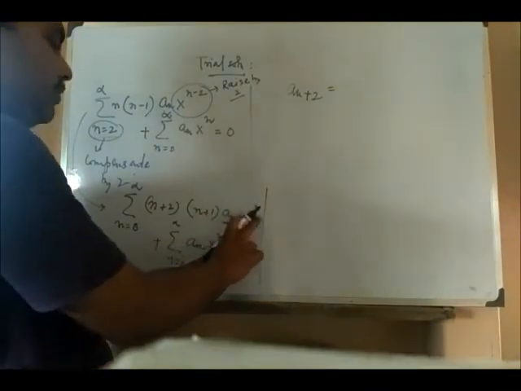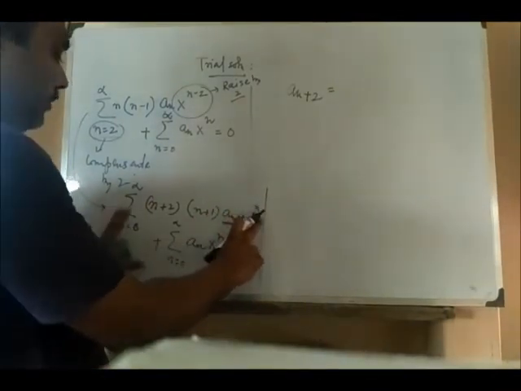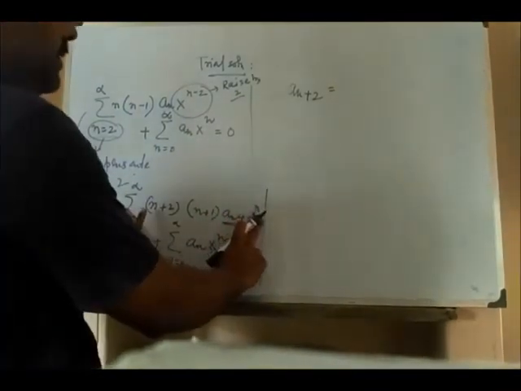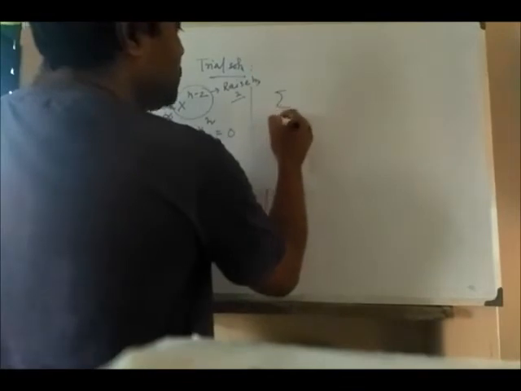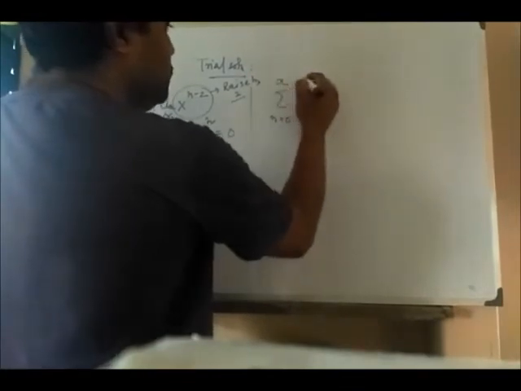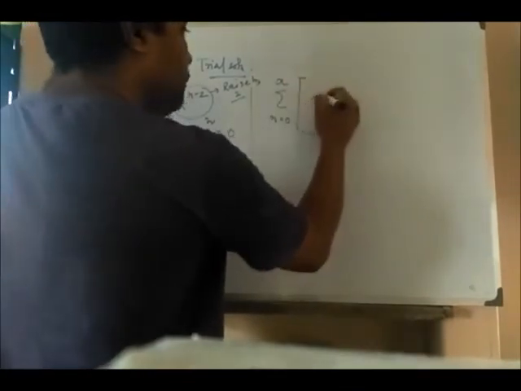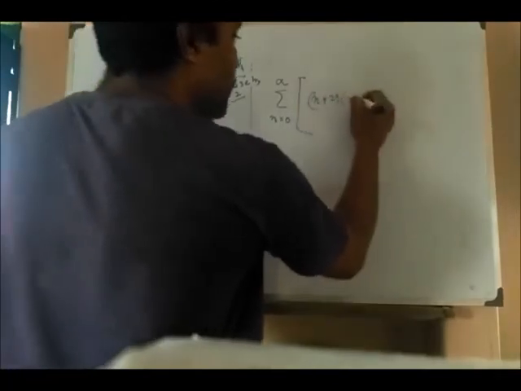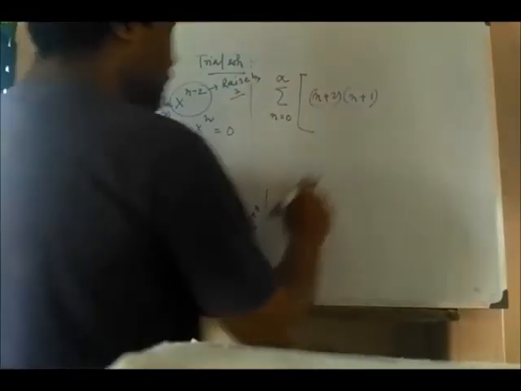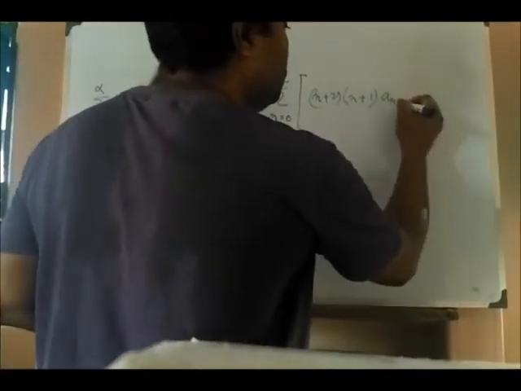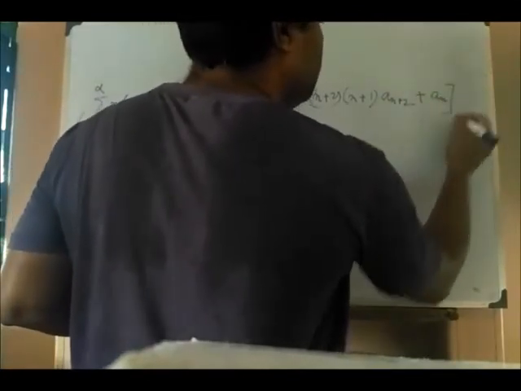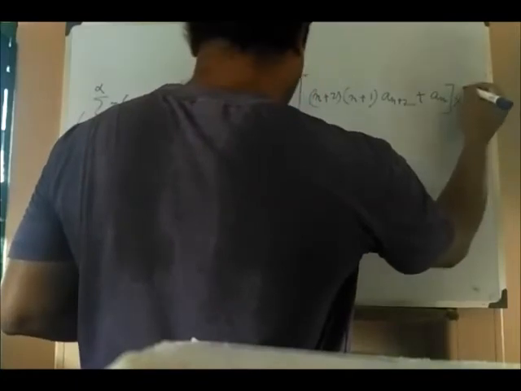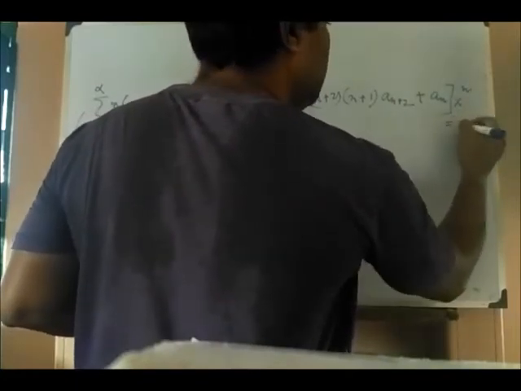As the coefficient of x to the power n remains the same and almost everything within the sum remains the same, let me write it as the sum n equal to 0 to infinity of [(n plus 2) into (n plus 1) a_{n+2} plus a_n] times x to the power n. This will be 0.